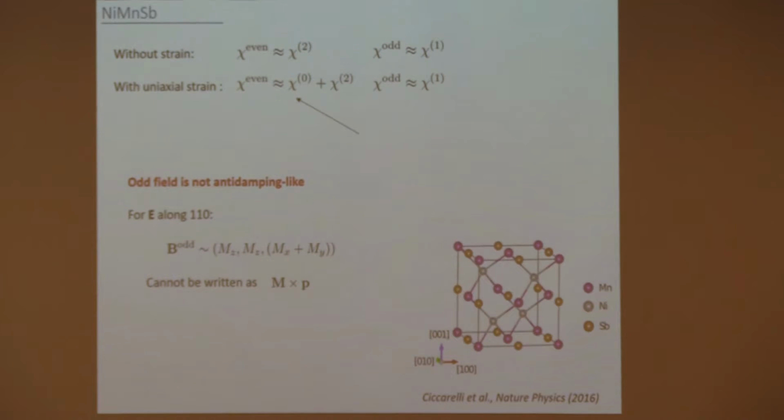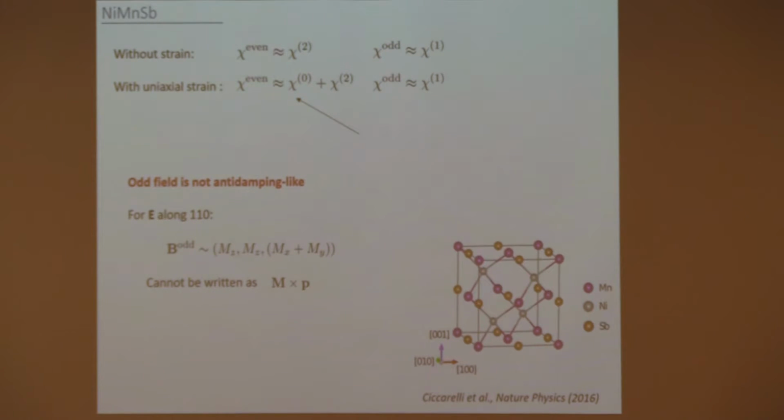And we can also look at the odd part of the field in this case, and this is quite interesting because this is a case where we find a field which is not an anti-damping like field. So, for example, when the electric field is applied along the 1-1-0 direction, we find an effective magnetic field of this form, and this cannot be written in the form m cross p, where p would be some constant vector.